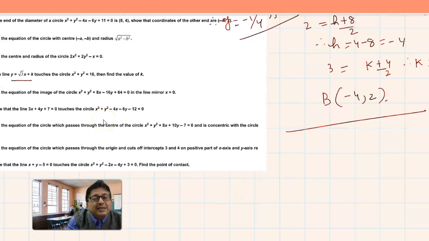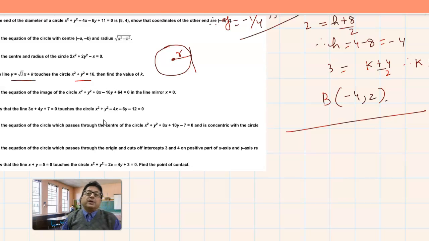If this line touches the circle, then find the value of k. The concept is, on the line, if you draw a perpendicular from the center, the length of the perpendicular is going to be equal to the radius. If it happens, then the line y equal to root 3x plus k will touch this circle.